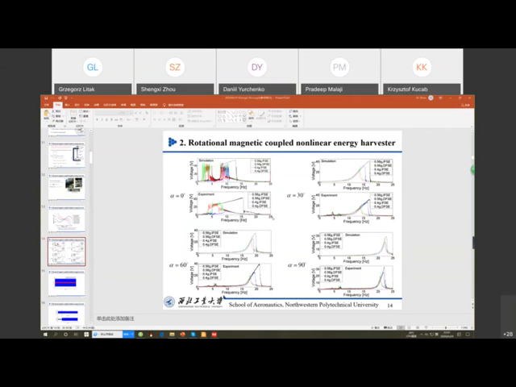It may be broadband. The other one is random. For example, in an airplane there is very broadband random excitation, and sometimes water waves also have random excitation. Currently, my research focuses on the harmonic one.